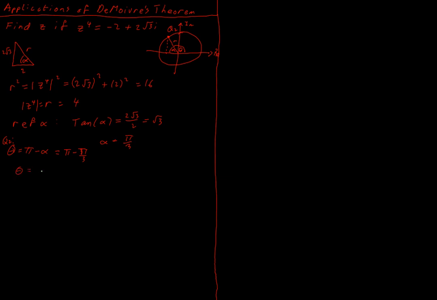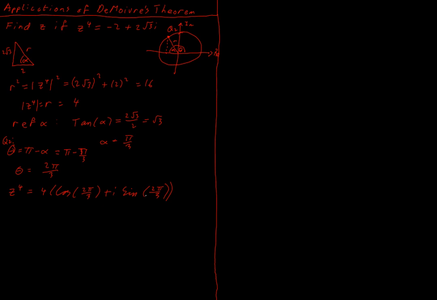So theta is equal to 2 pi all over 3. So that is my setup done. I have my radius or my modulus, and I now have my argument sorted. So z to the power of 4 is 4 cos of 2 pi all over 3 plus i sine 2 pi all over 3.